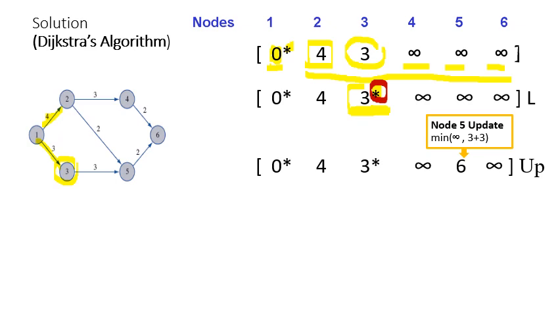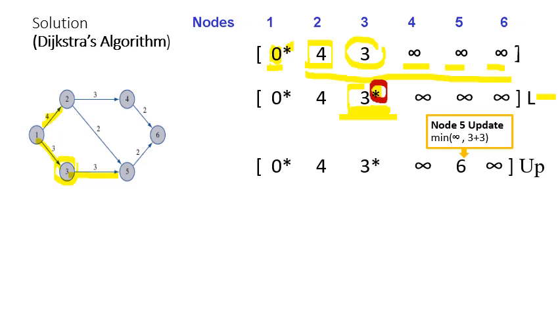Let me repeat. In the labeling step, you put a permanent label on node 3. Now in the update step, you check which nodes can be directly reachable from node 3. We can see from the picture that node 5 is directly reachable. So now we have to update the label for node 5.